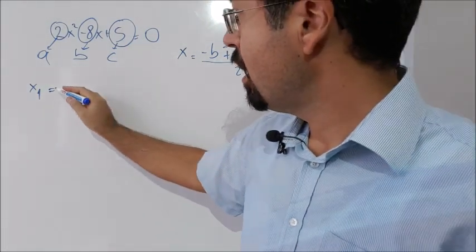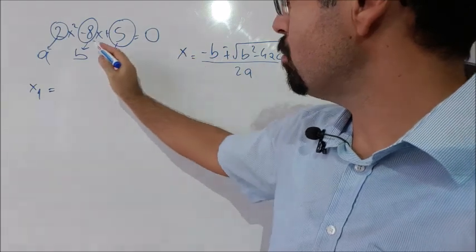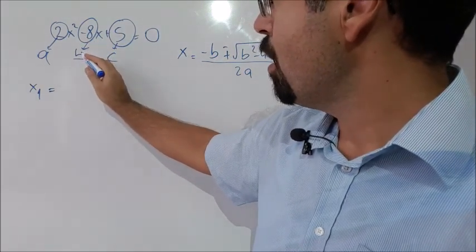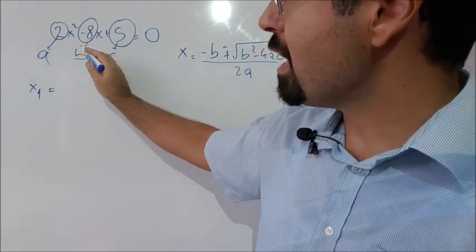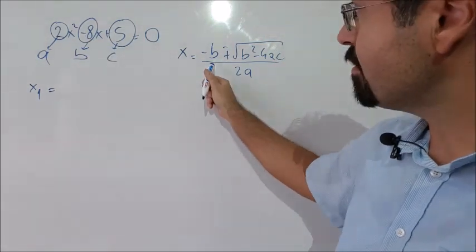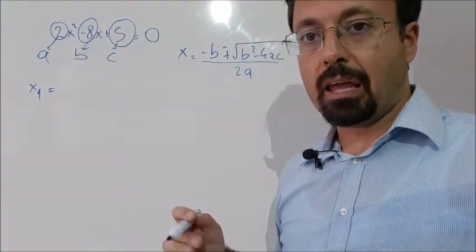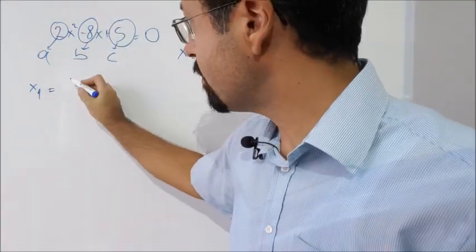For x1, our minus b is what? Minus b, yeah? But do not get confused. Our b is minus 8. If our b is minus 8, minus b is minus minus 8, so it's going to be 8.